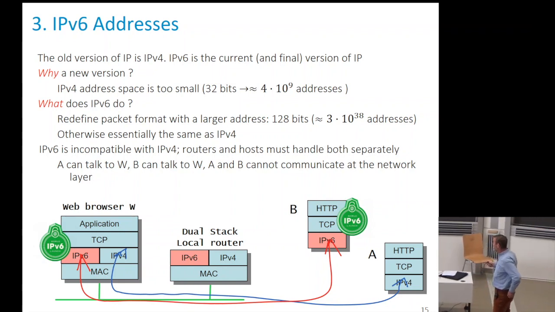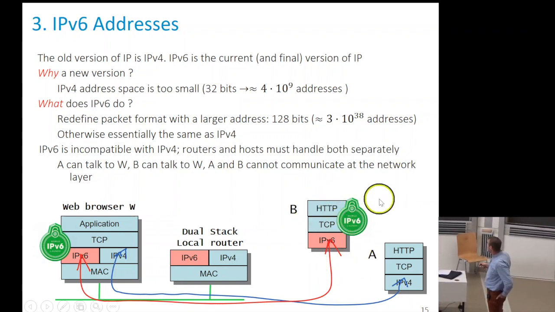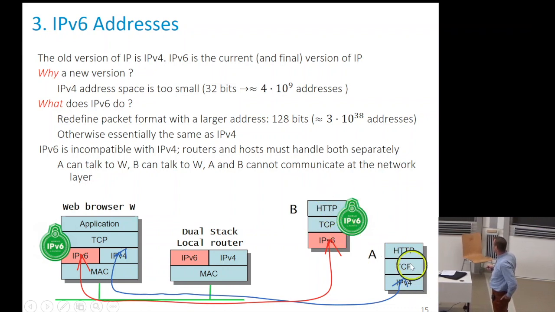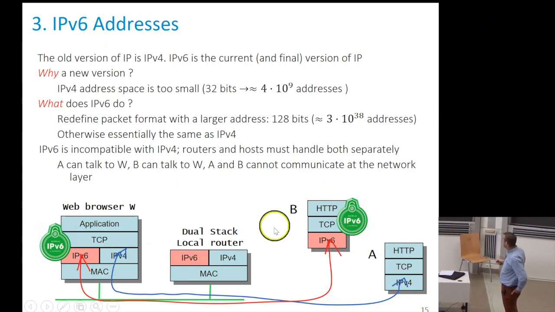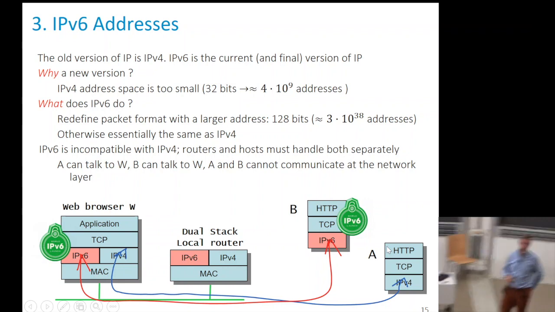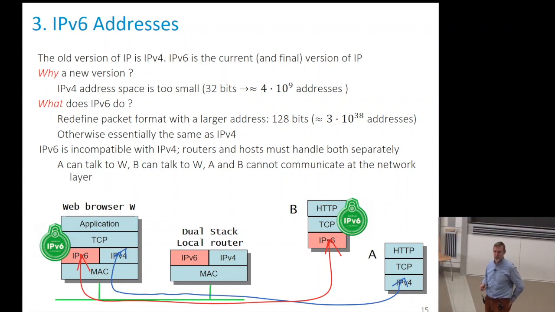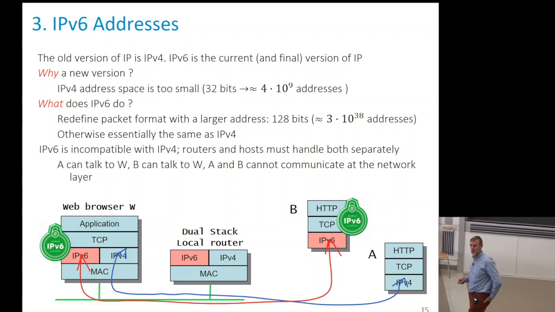So if you have, for example, a machine that wants to talk to some IPv6 servers or some IPv4 servers, there are, and there will be in the world, machines that have only IPv6 and machines that have only IPv4. Now, if you get a new address today, it's probably an IPv6 address. But there are lots of places in the world, especially in the old world, that had IP addresses before the IPv4 addresses were exhausted.